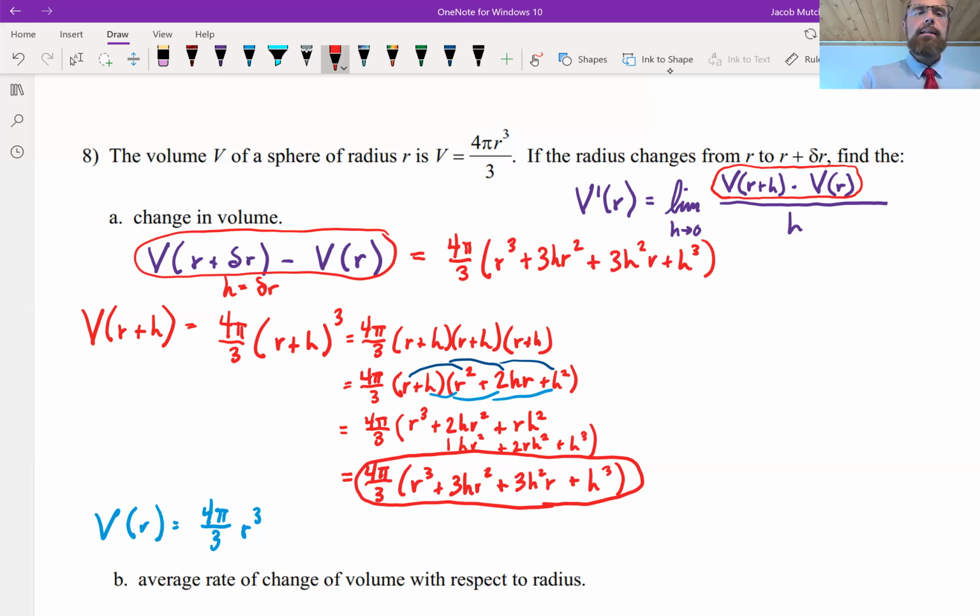And then I'm subtracting from that the original v at r, which again is 4 pi over 3 r cubed. So that is the difference. That's the change in volume. To help myself out with the next step, I do want to simplify that. So I do notice that I've got a common factor there, 4 pi over 3. So I'll factor that out.